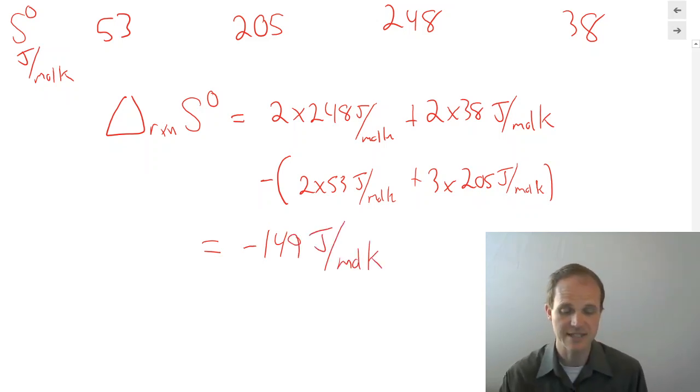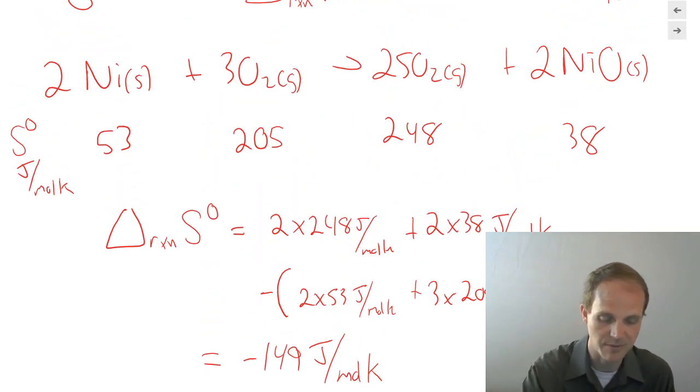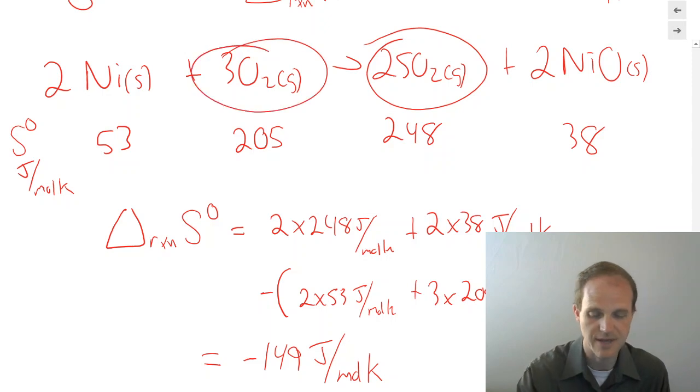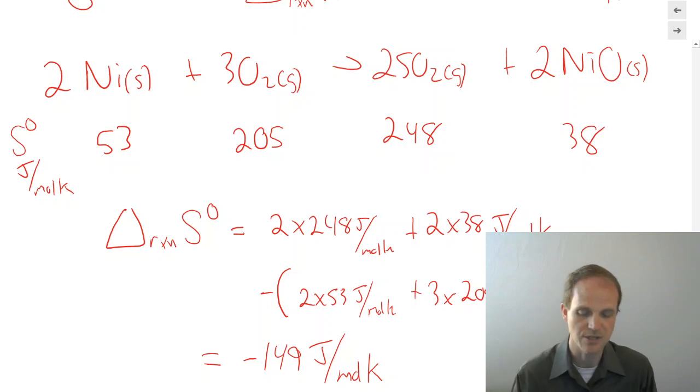Now, we could have predicted the sign of this one, saying it's going to be a negative entropy change by the fact that we went from 3 moles of gas on the left to 2 moles of gas on the right. But now we actually calculate it, and we know this actual value.